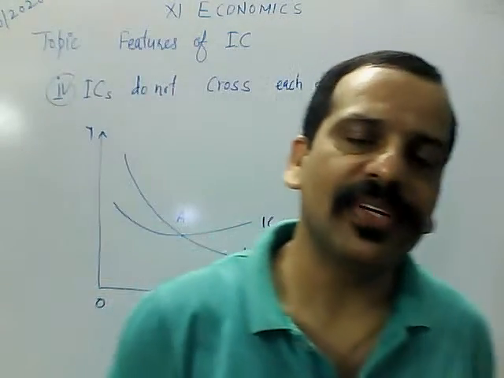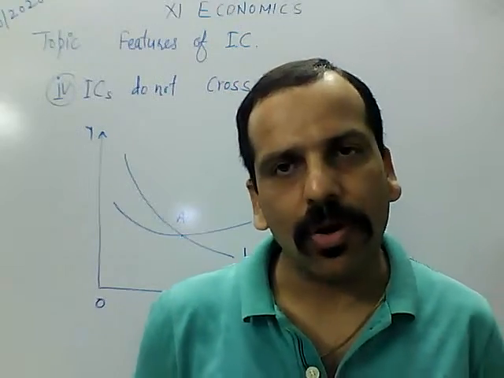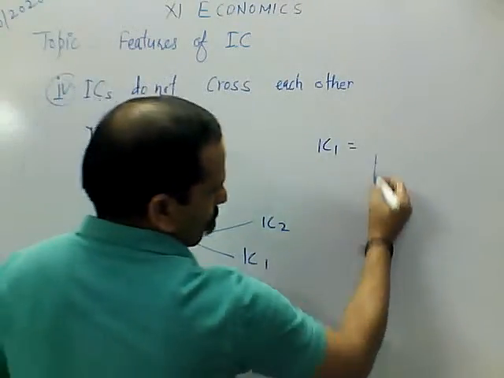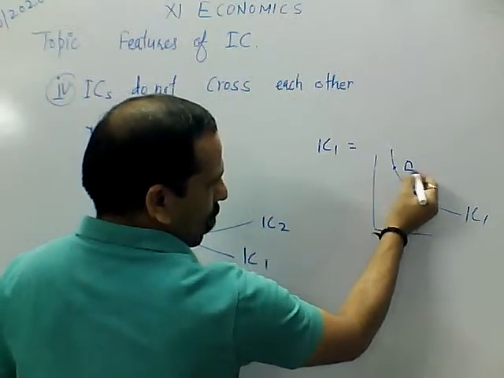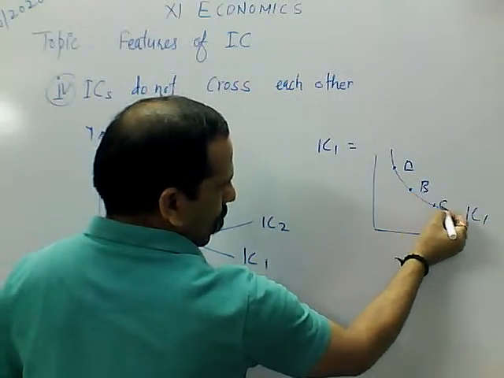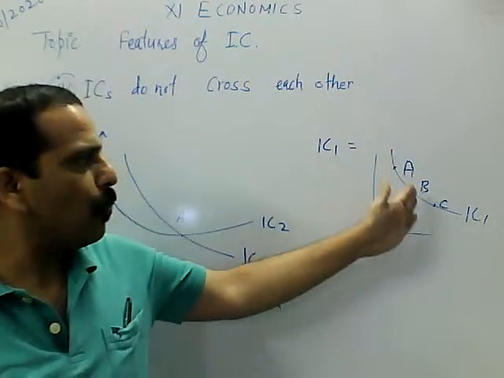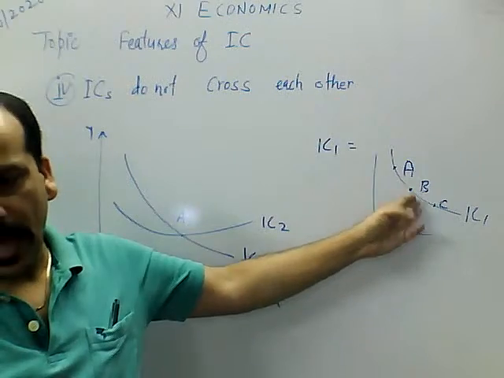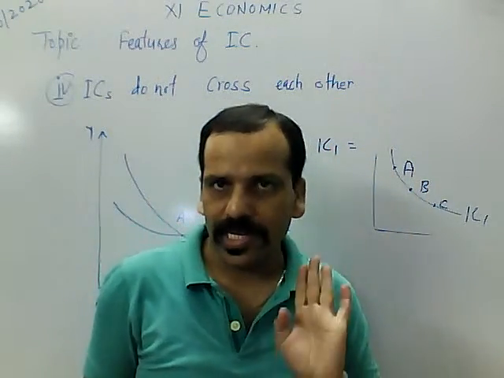Now recall the definition of the indifference curve: all the combinations, A, B and C, or any point on the indifference curve, giving the same level of satisfaction.